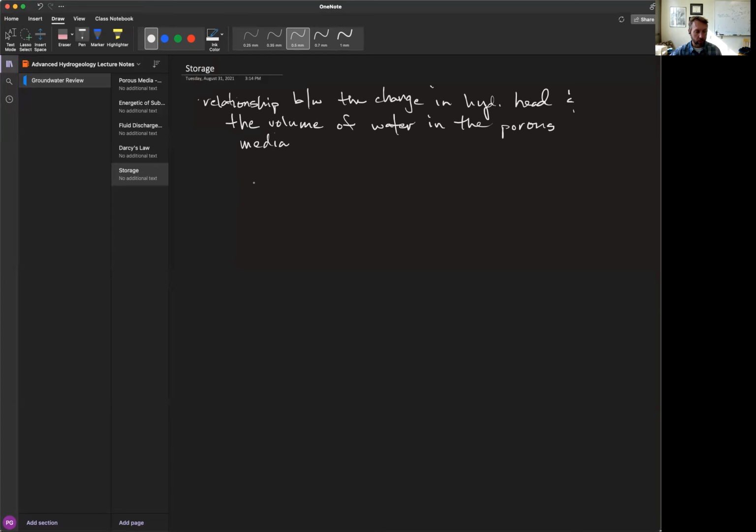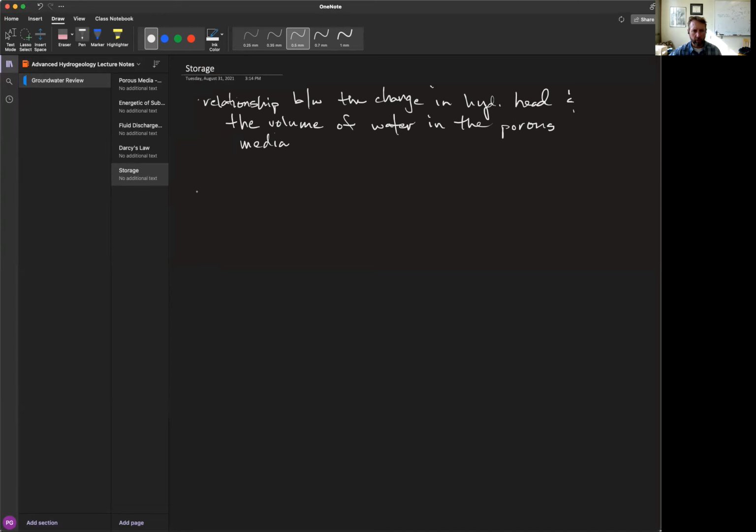So we're going to go through some definitions here. We'll start off talking about two different kinds of aquifers: a confined aquifer, and then we'll talk about an unconfined aquifer.